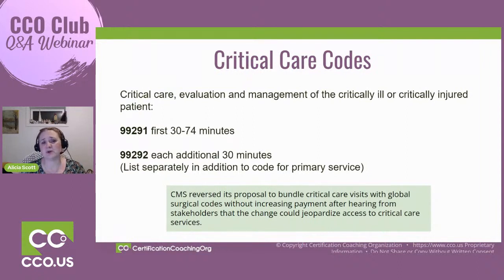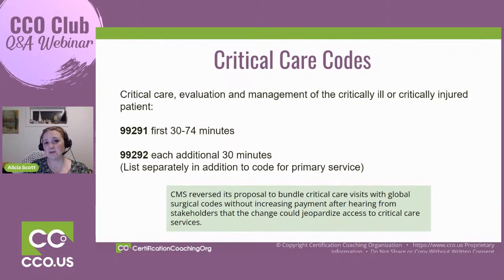Those critical care codes, which are the codes that we're talking about? That is 99291 and 99292. Keep in mind that 99292 is an add-on code, and what is most helpful if you ever write these codes down, whenever you come to an add-on code, make sure you put a plus symbol in front of it. In fact, it would have been a good idea for me to put that plus symbol in front of it, because it is not a standalone code.